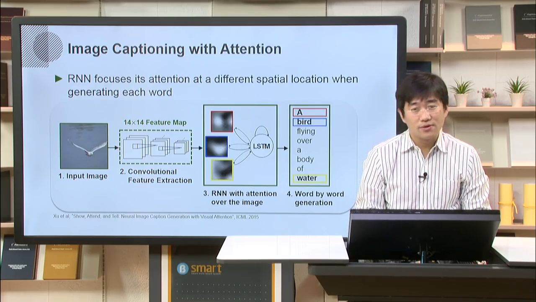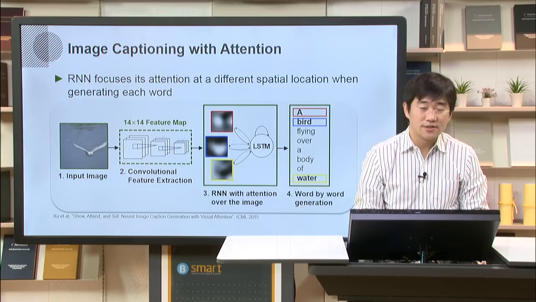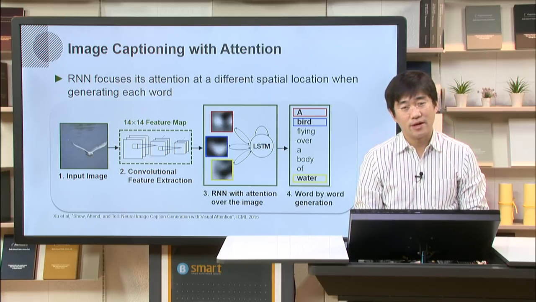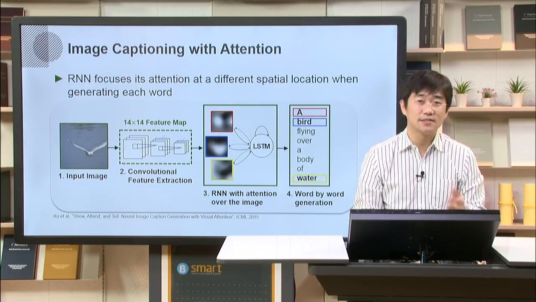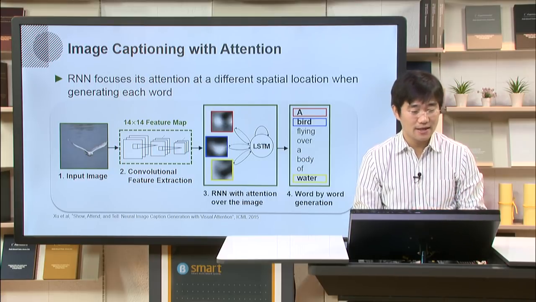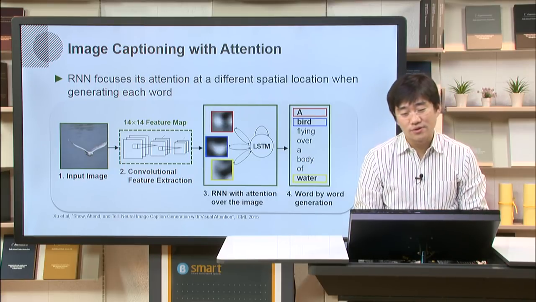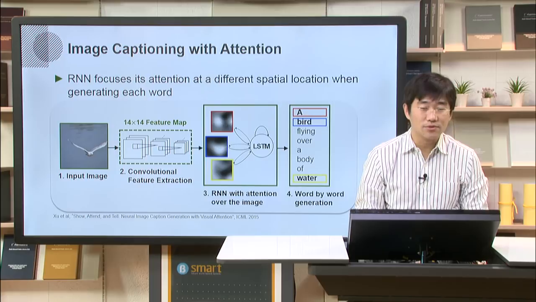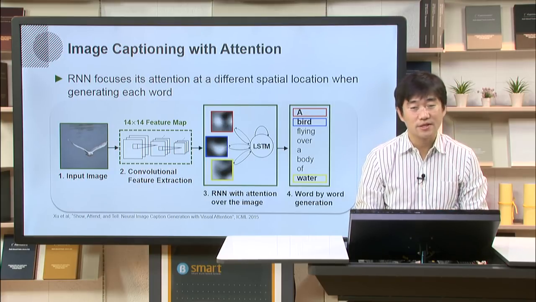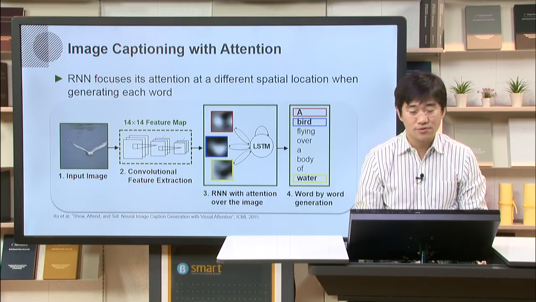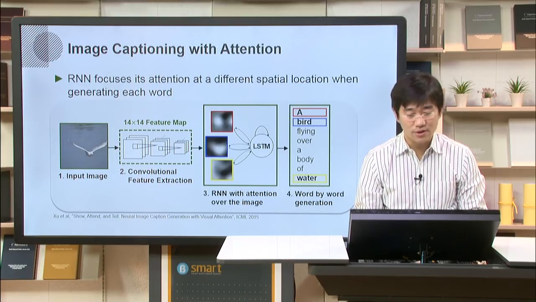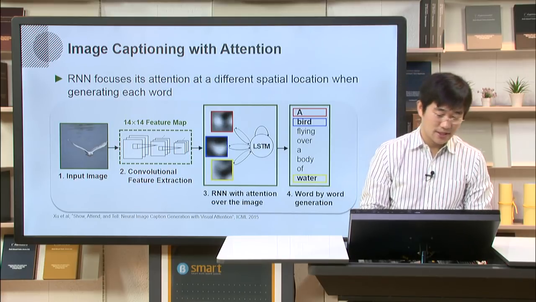Up to this point, although we studied an interesting deep learning model that effectively combines this CNN with an RNN, there was no notion of this attention. But in order to improve this task of image captioning, we can introduce an additional module called attention.